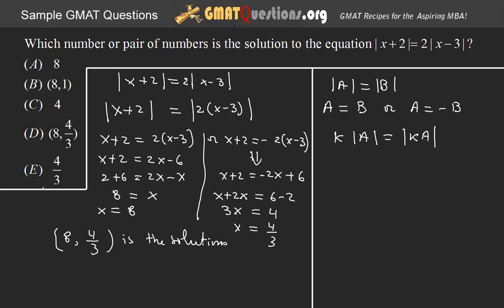As you can see, D is the correct answer. That wasn't that difficult. You just have to remember these rules I wrote here on the right side, and you'll be fine. Make sure obviously you do the solving process correctly.